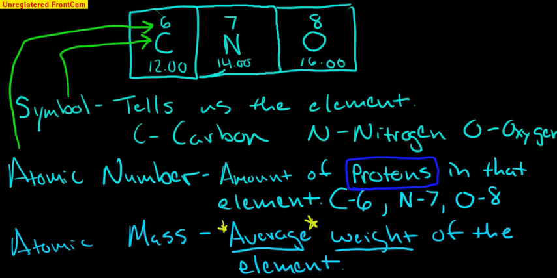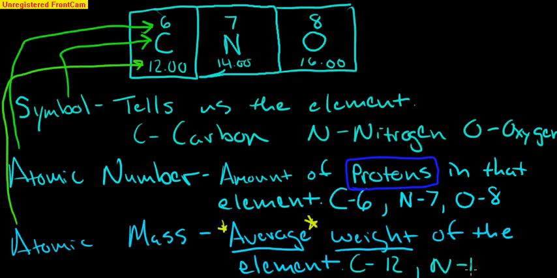But once again, you can get that atomic mass from the periodic table. No fancy rocket science, just look at the periodic table, and there you go. So you can see here that carbon has 12 atomic mass unit weight, nitrogen has 14, and oxygen has 16.